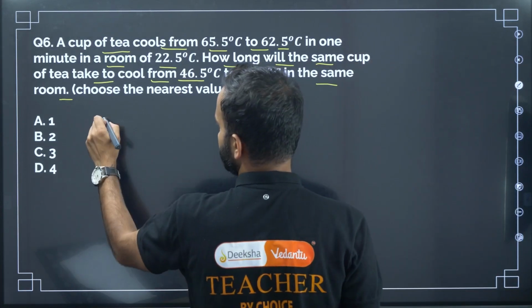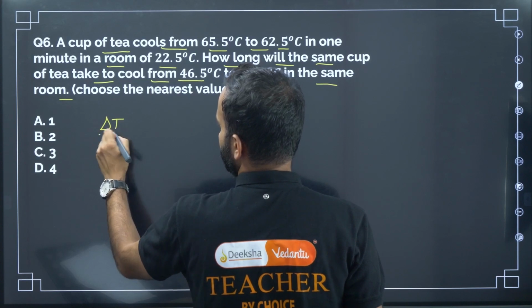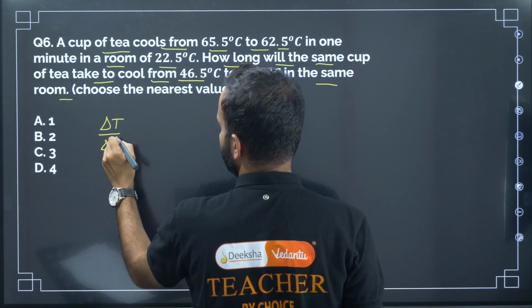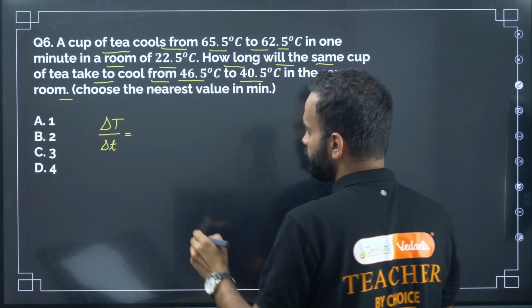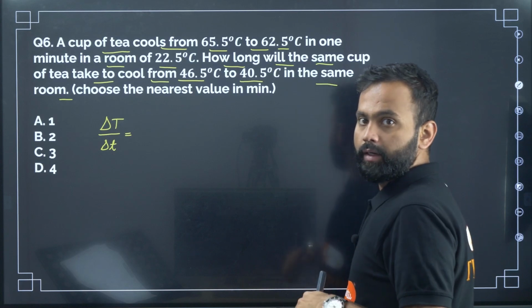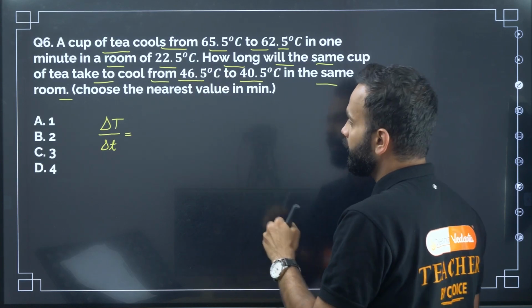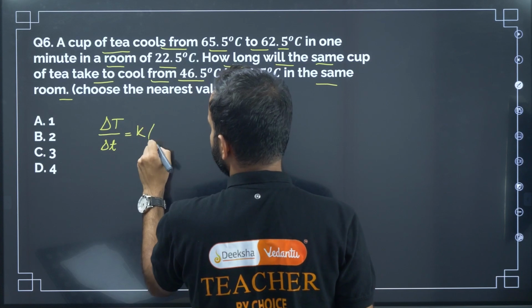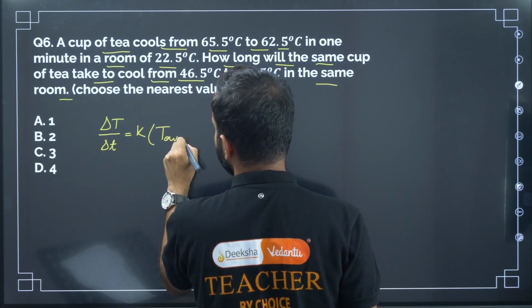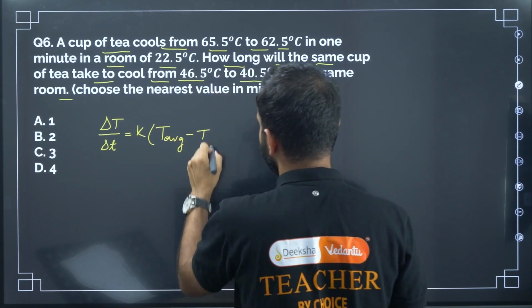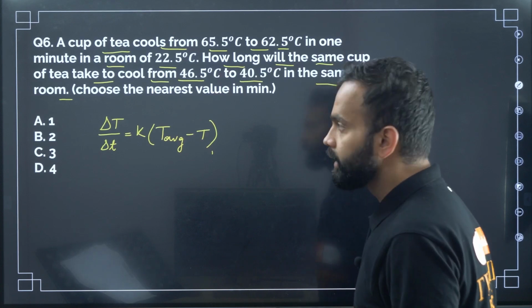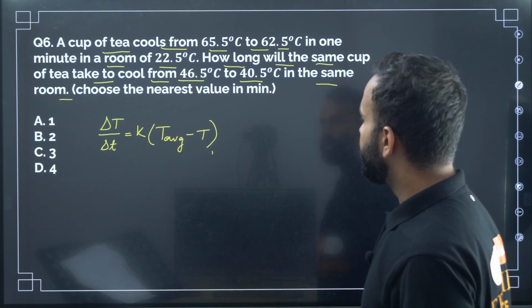Newton's law of cooling, that is, the rate of change of temperature is equal to K into the difference in temperature of the surrounding and the body, here this will be T, right? So now K into T average minus T. So what is delta T?